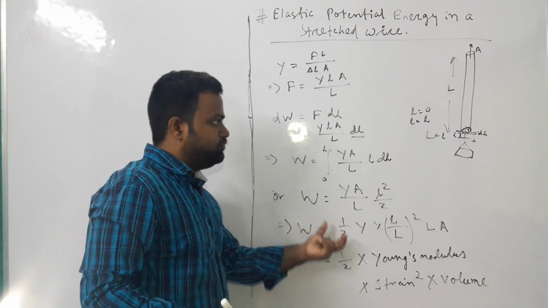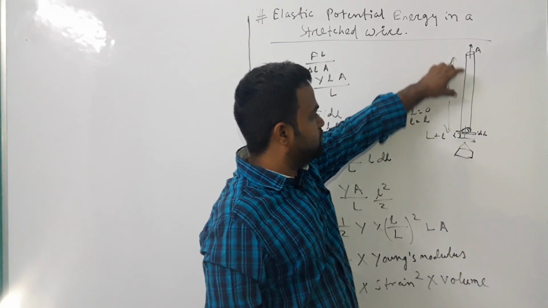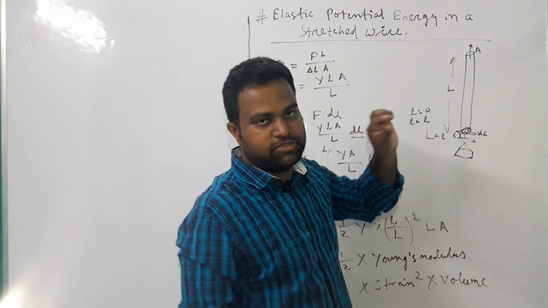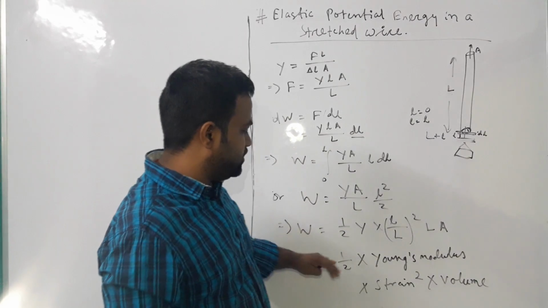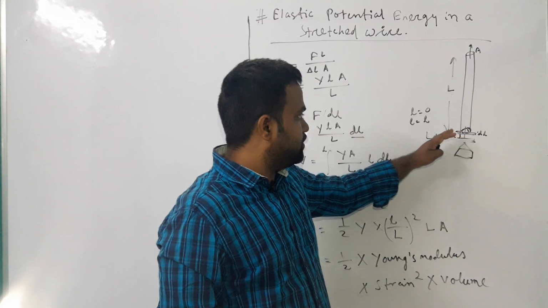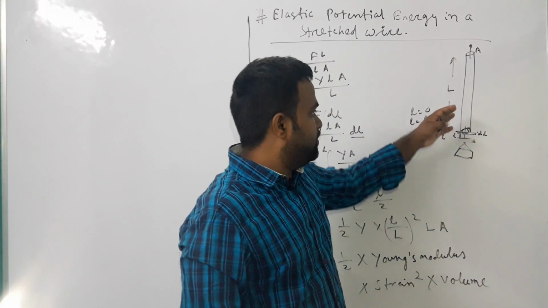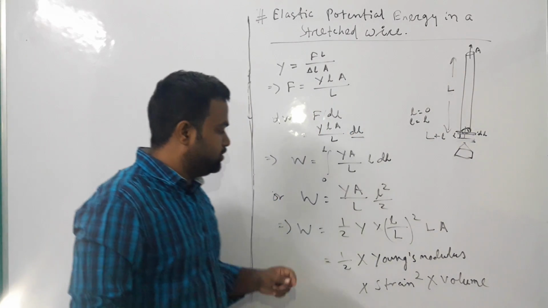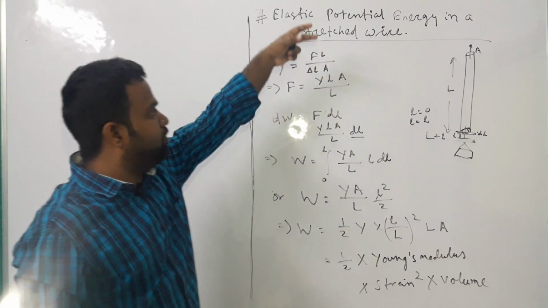This much work is done when I apply a force F on this object for an increment small l. For that, the work done is half into Young's modulus into strain square into volume of the object, and this work done is exactly the potential energy stored in the wire.